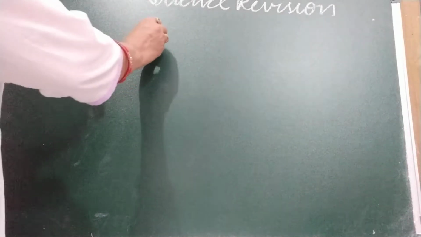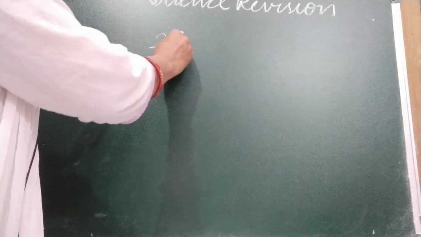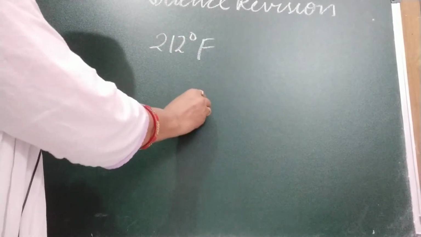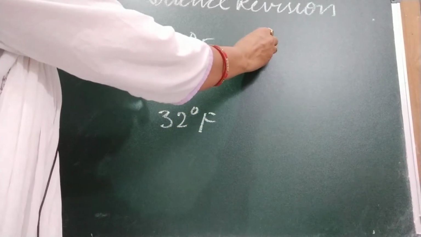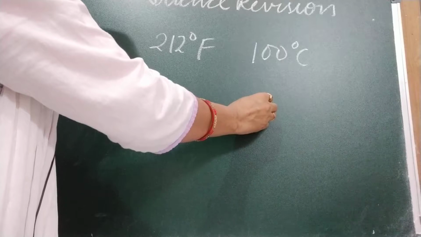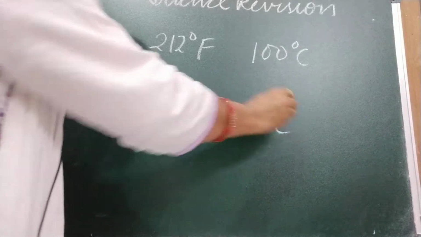Now children, we are coming to the temperature. We know the upper fixed point in Fahrenheit scale is 212 degrees Fahrenheit and the lower fixed point is 32 degrees Fahrenheit. In Celsius scale, the upper fixed point is 100 degrees Celsius and the lower fixed point is 0 degrees Celsius.